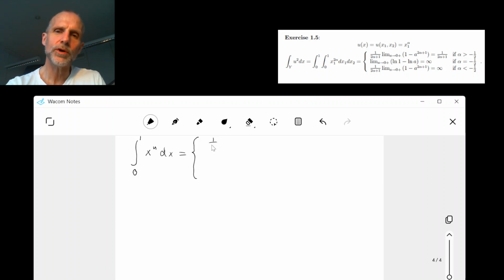It's equal to 1 over n plus 1 in the case when n is larger than minus 1. And it's equal to infinity when n is less than minus 1. And it's equal to infinity when n is equal to minus 1.